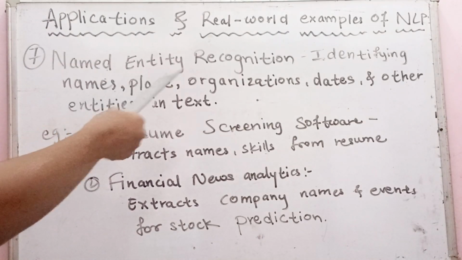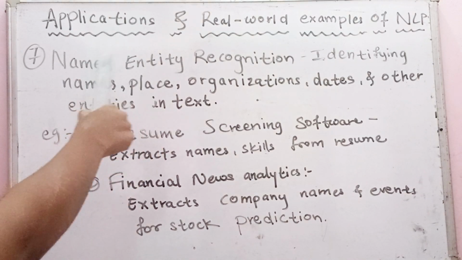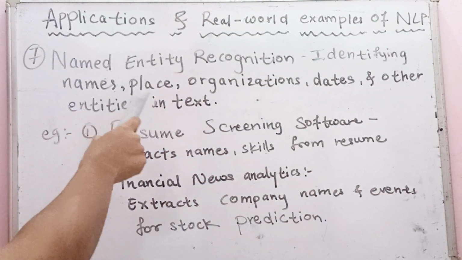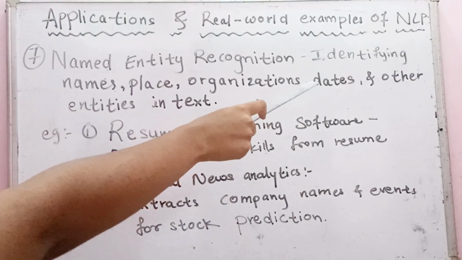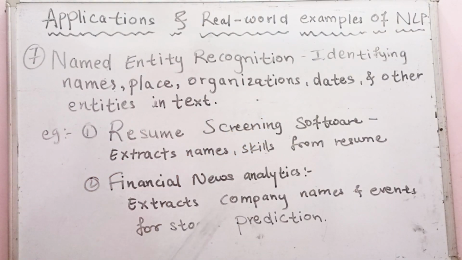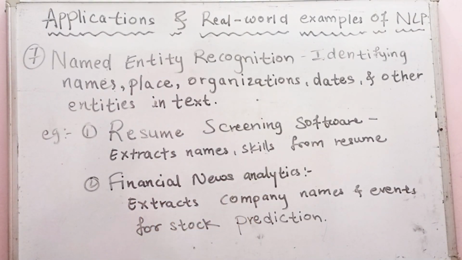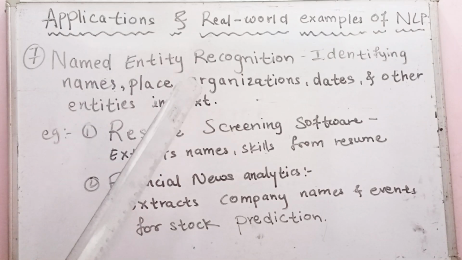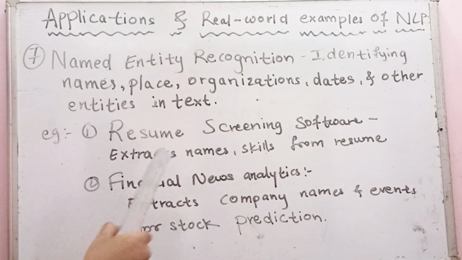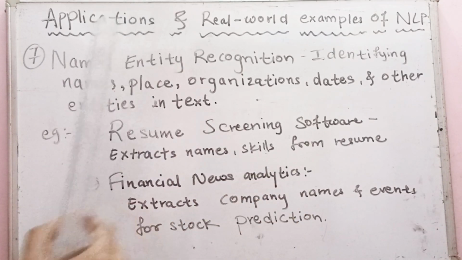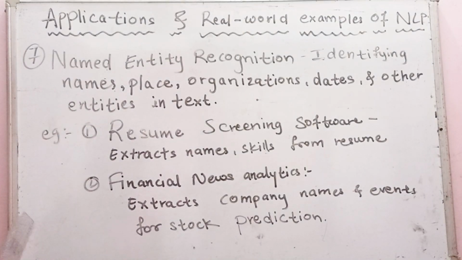The next point is named entity recognition. It is also called NER, which means identifying names, places, organizations, dates, and other entities in the text. For example, to understand named entity recognition we can take resume screening software. Many companies add this to their software, which extracts the name and skills from the resume and matches them to the company's needs. In this way, fast screening of resumes will happen, and companies will not waste their time scanning resumes one by one.